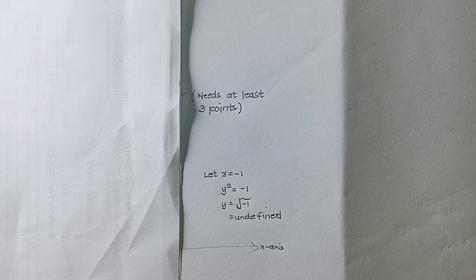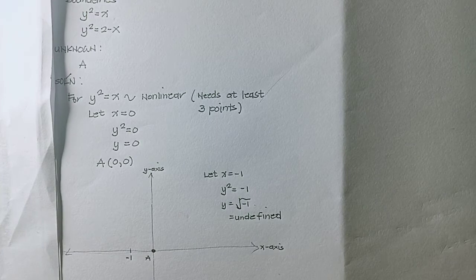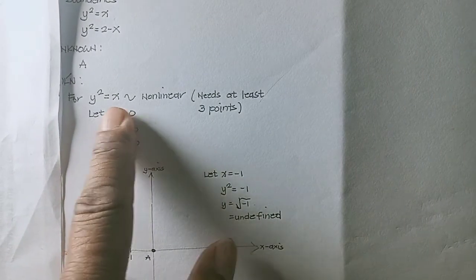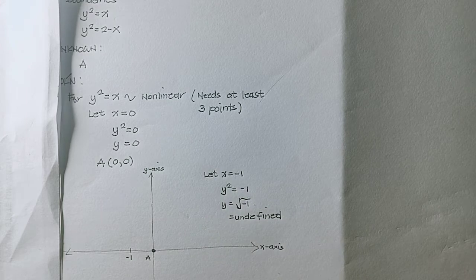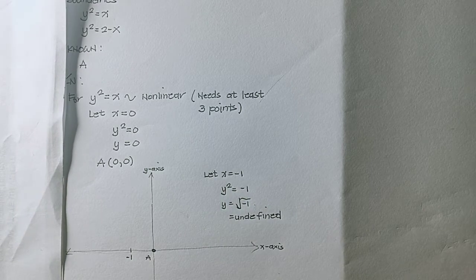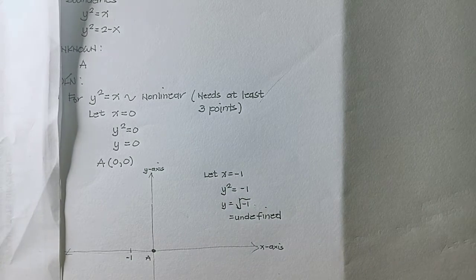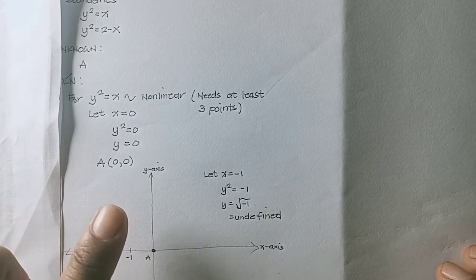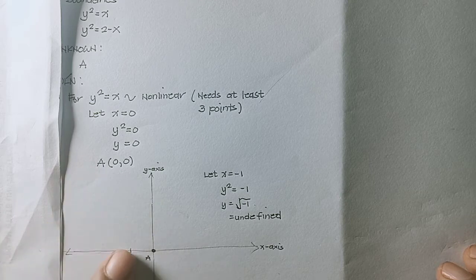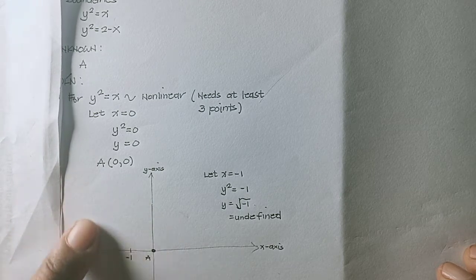When we substitute that to x, we will end up with the square of y is equal to -1, and the square root of -1 is undefined. Therefore, sad to say, our function will never cover this part of our coordinate axis.